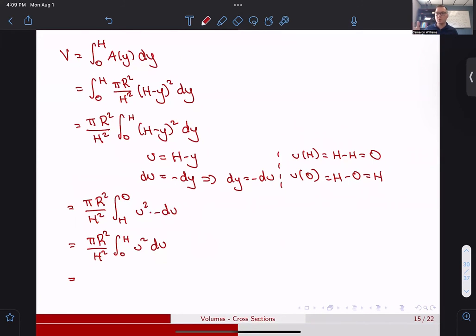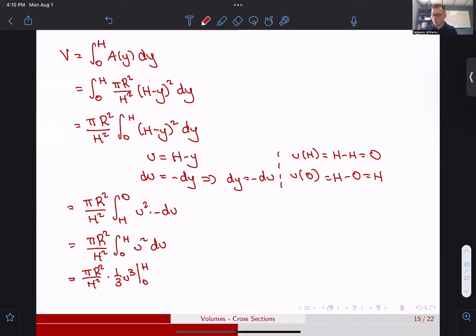Again, we can use power rule because it's just a power of our integration variable, which happens to be u in this case. So we increase our power by 1. Well, u squared will become u cubed, but then we have to divide by that new power. So that's where our 1/3 comes from. So we have our 1/3, our pi, we have an R squared over H squared, times u cubed, evaluated from 0 to H. And if we plug in our lower limit of 0, well, 0 cubed is still 0, so we don't need to worry about the lower limit.